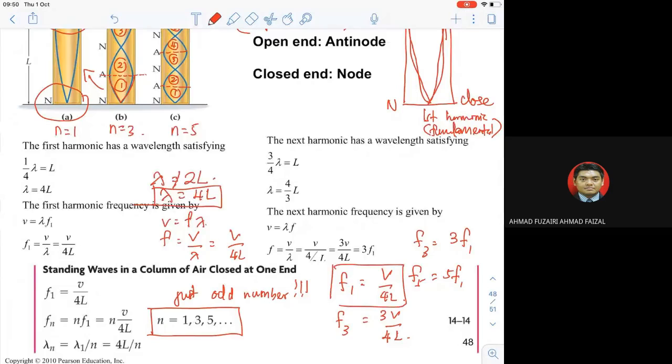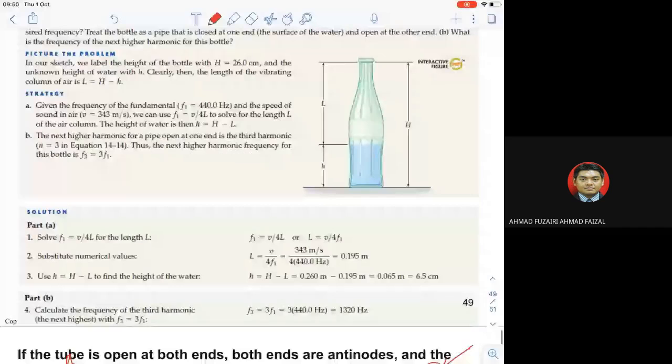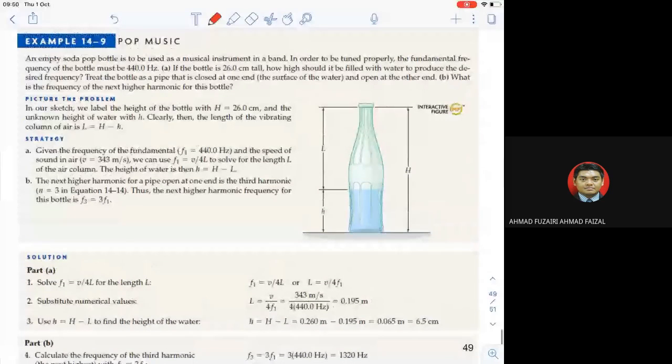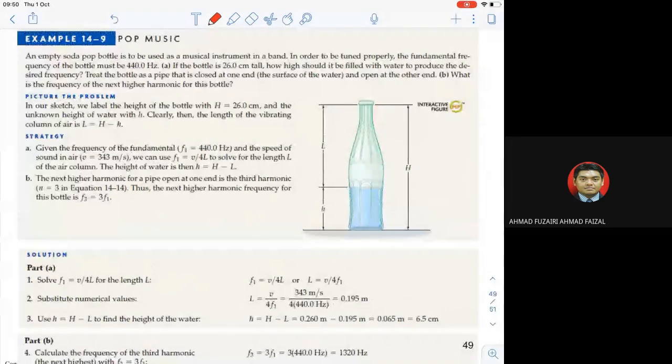Okay, so we have time to look at one example. So let's look at one example. An empty soda pop bottle is to be used as a musical instrument in a band. In order to be tuned properly, the fundamental frequency. Look at the word used. The fundamental frequency. This one should be f1. Must be 440 Hz.